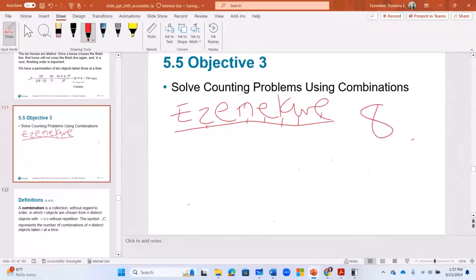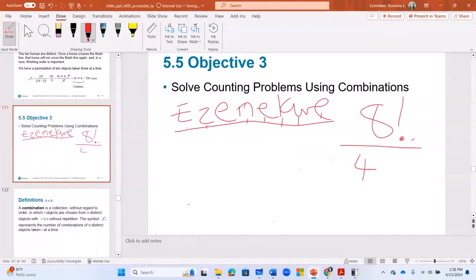So I will write 8 factorial, the sample space of the count, over the repetitions. I will count every repetition. Did any letter repeat? Yes, E repeated 4 times.